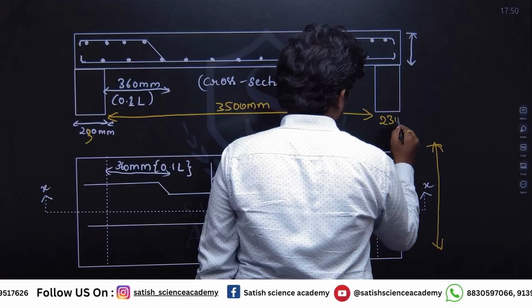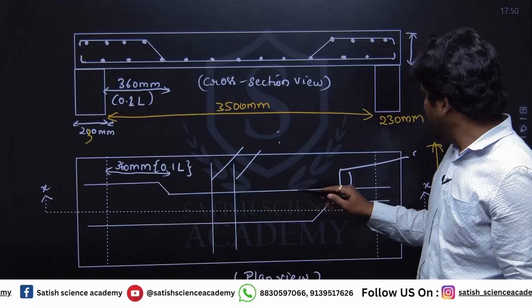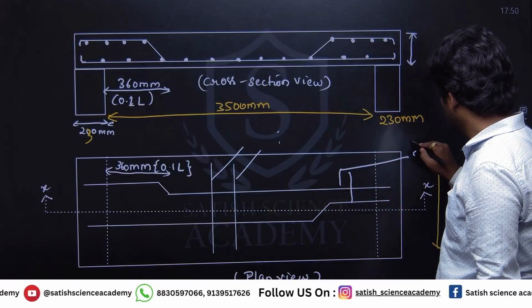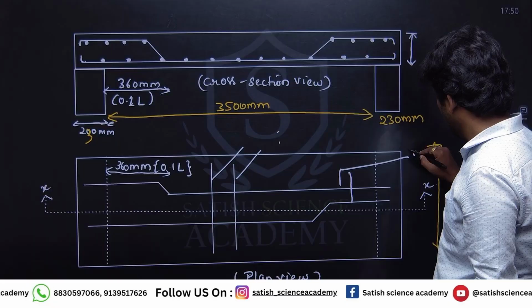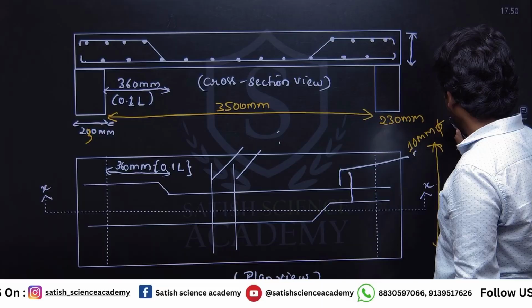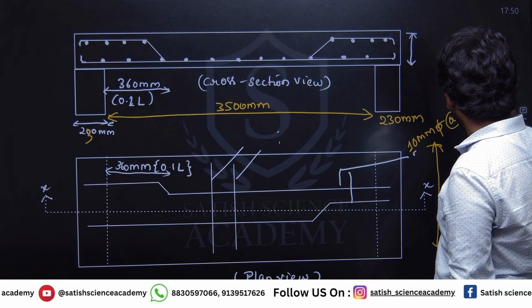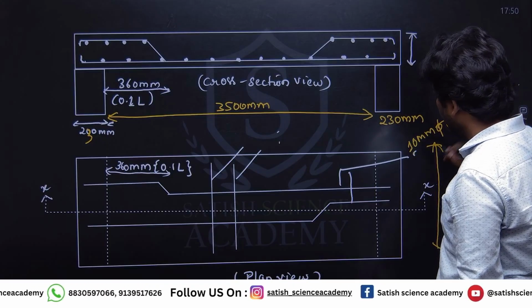So wall thickness is 230 mm. Okay, the main reinforcement is 10 mm bar at 200 mm center to center, main reinforcement.